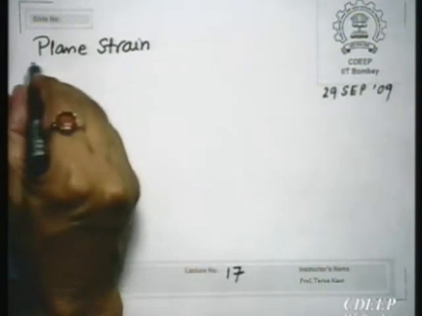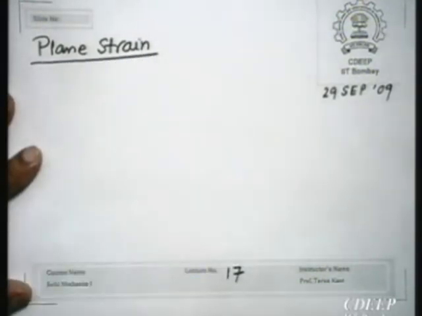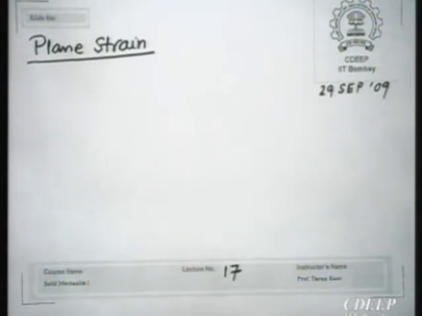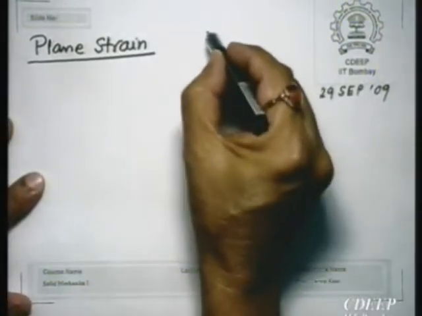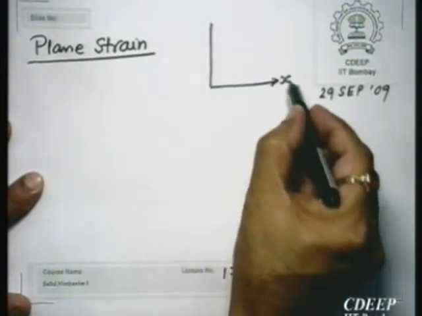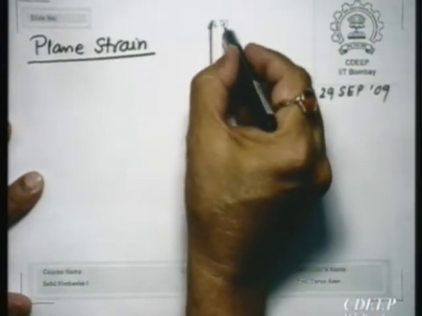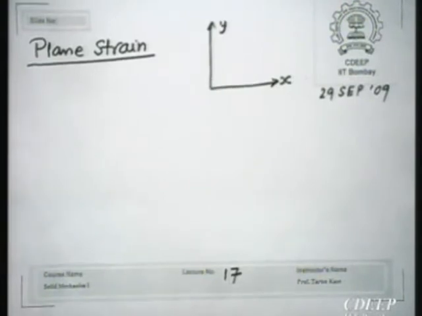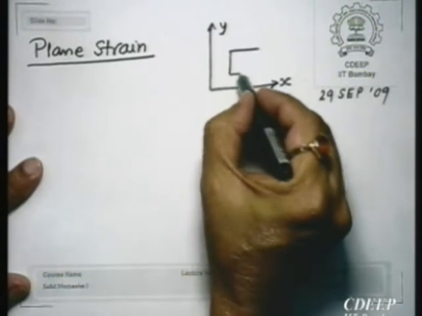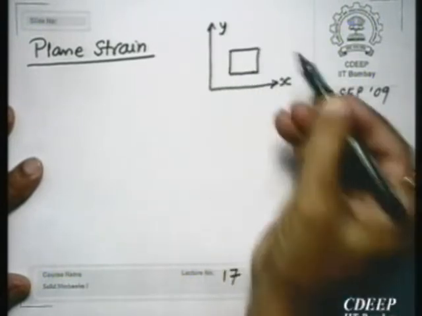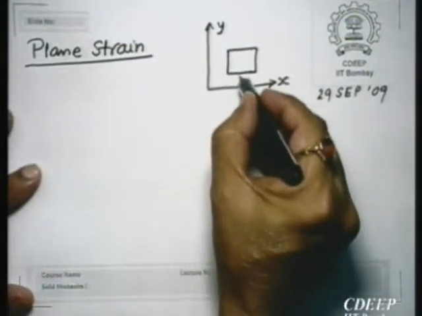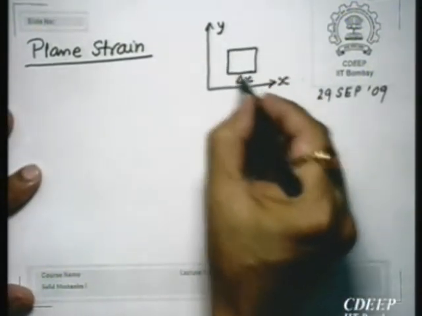So the deformation is such that the strains produced are in a plane, in xy. My element is here. This is my original element of dx and dy.